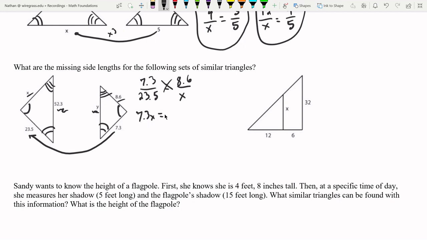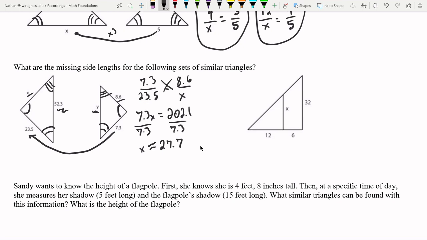Let's see, 8.6 times 23.5, I get 202.1. Now I just need to divide by 7.3, and I get approximately 27.68. I should probably round it to one place since they all have one there. So 27.6 or 27.7 is my side length there.